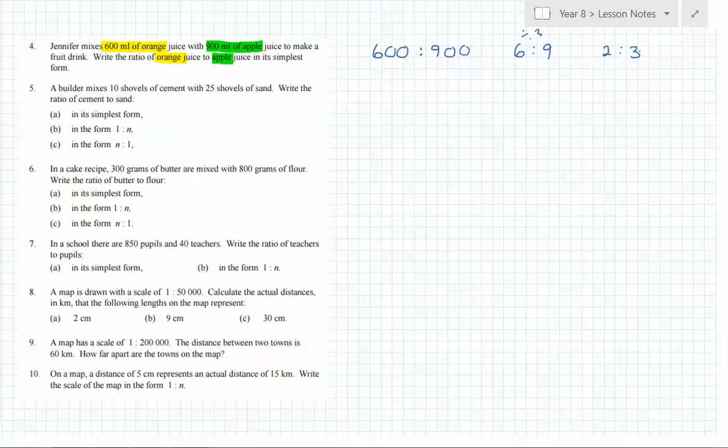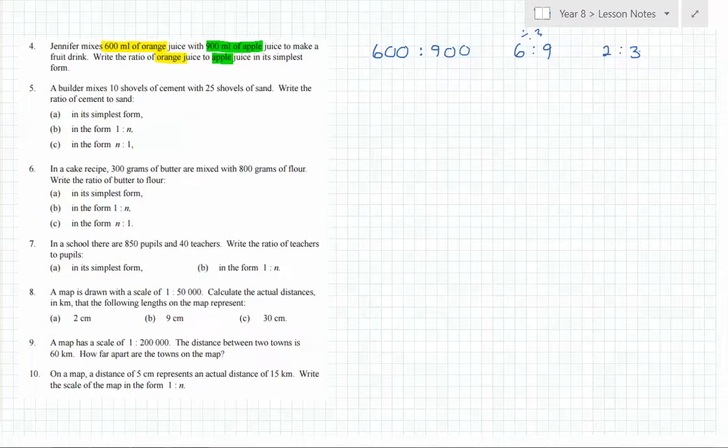So what that means is if I want to use 500 millilitres of orange, how many millilitres of apple would I need to use? So 500 millilitres of orange is 2 parts. So what's 1 part? 250.